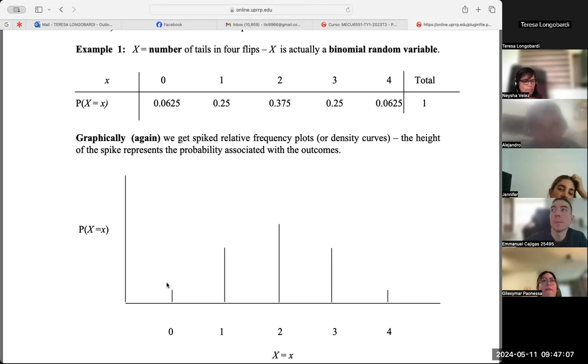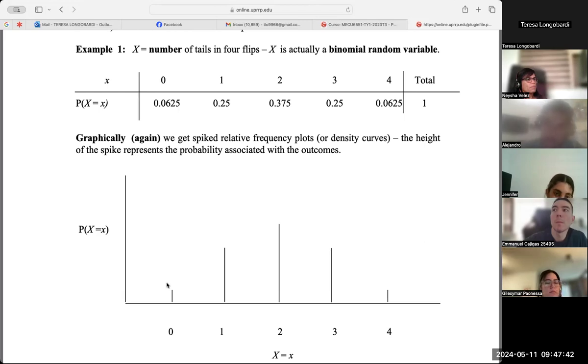Jennifer? Put it in the chat. You think it's normal? Okay, so what you guys are seeing is it looks okay. Alejandro has a point there. Read Alejandro's point. Okay, and Ashley's saying it looks kind of like, so what it is not normal, okay, but it looks symmetric. So be careful.